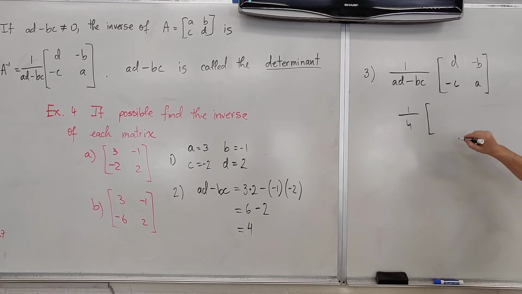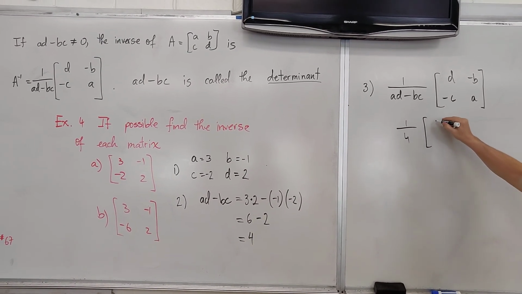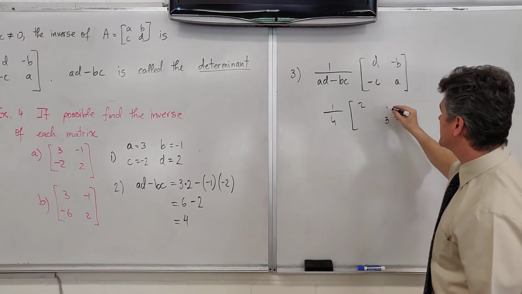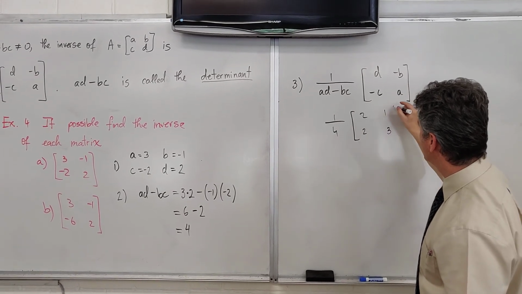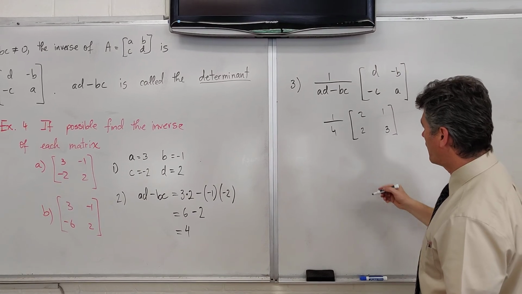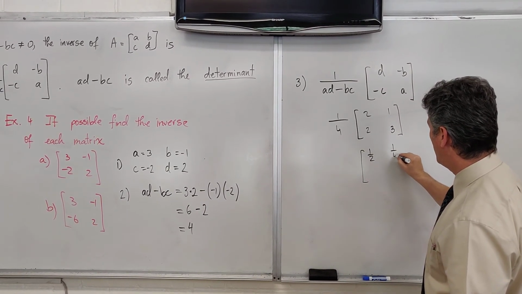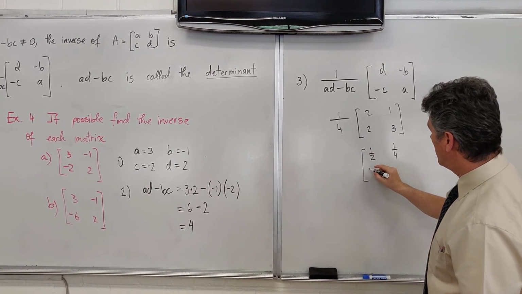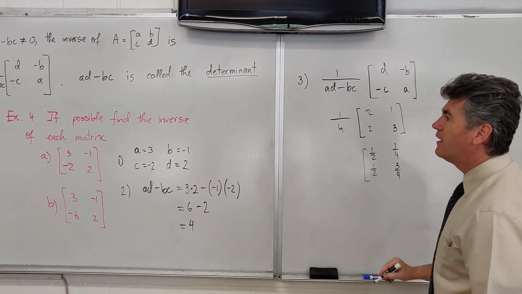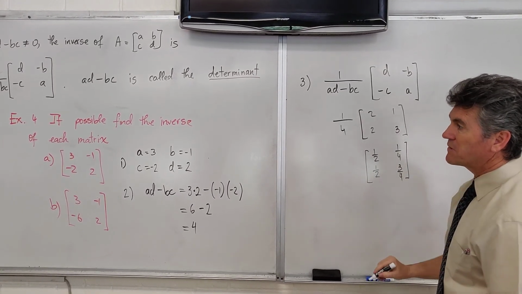And then I switch the A and the D around, so we have 2, and this is 3, and then we took the opposite of B and C, and this is 1 and 2. Finally, distribute the 1 over 4, so this is 1/2, 1/4, 1/2, and 3/4. And pretty much that's it.